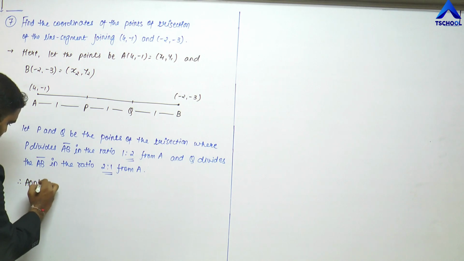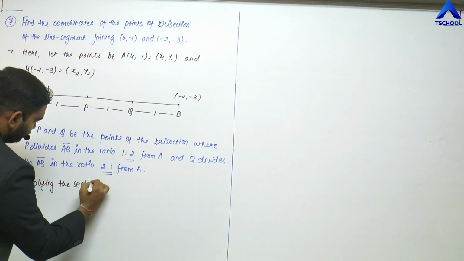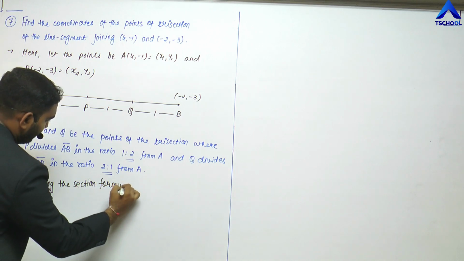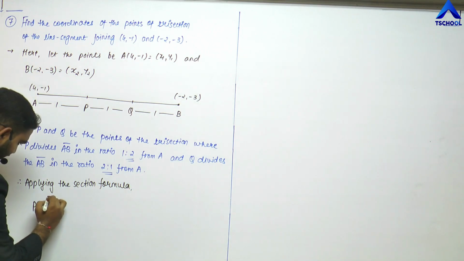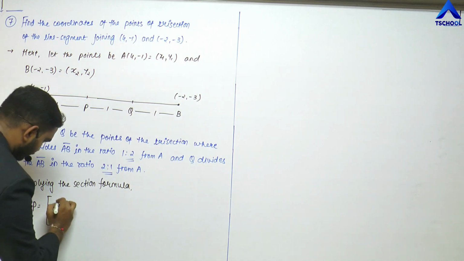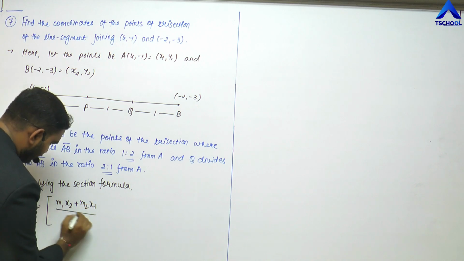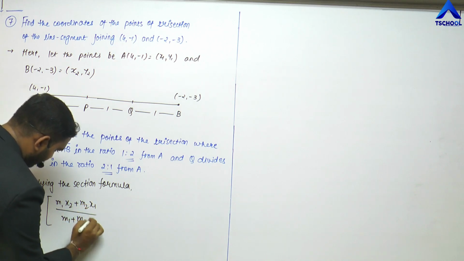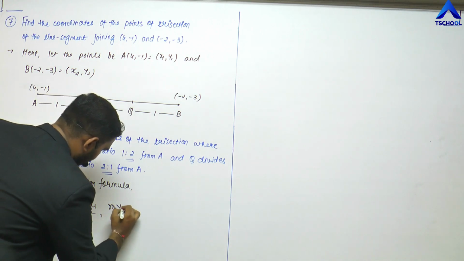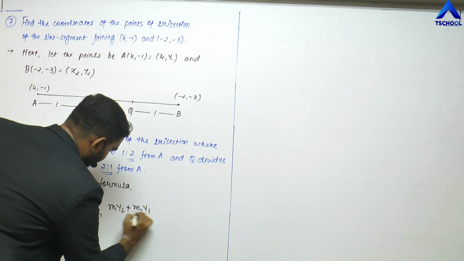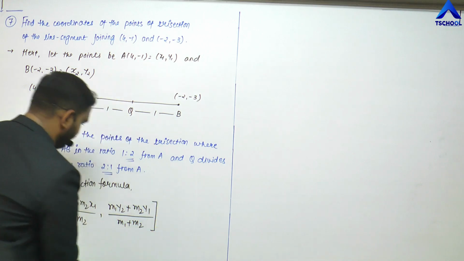Therefore, applying the section formula, we get P equals (m1 x2 plus m2 x1) upon (m1 plus m2), comma, (m1 y2 plus m2 y1) upon (m1 plus m2).